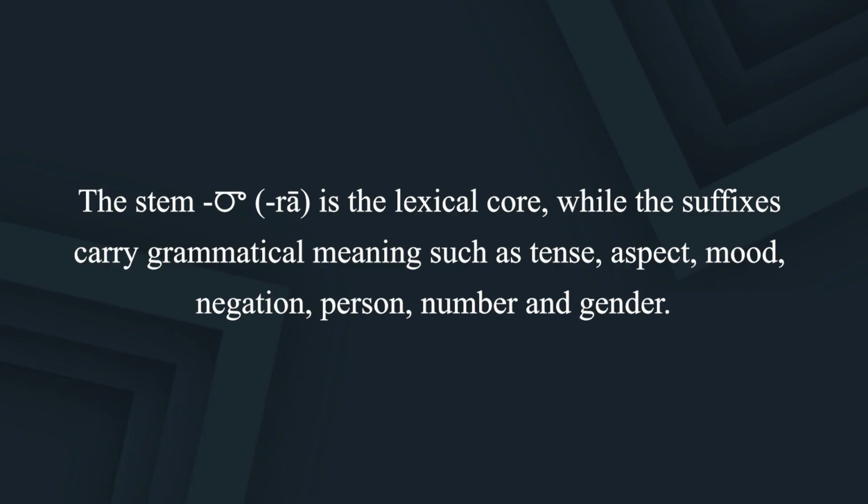The imperative or stem form is the core because without the stem form, these constructions are impossible. The stem ra is the lexical core, while the suffixes carry grammatical meaning such as tense, aspect, mood, negation, person, number, and gender. Telugu verbs show regular stem changes depending on the suffix.